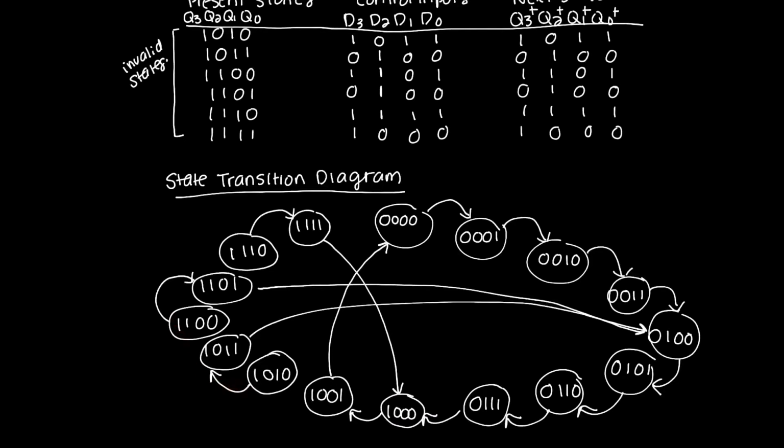Somehow, either at the next clock transition or the transition after that, I will end back in the valid counting sequence. And once I'm in the valid counting sequence, I cannot get out. It's like Hotel California. You can check in anytime you like, but you can never leave. And that's what happens in the valid counting sequence.